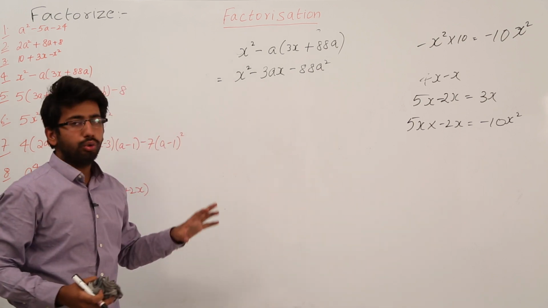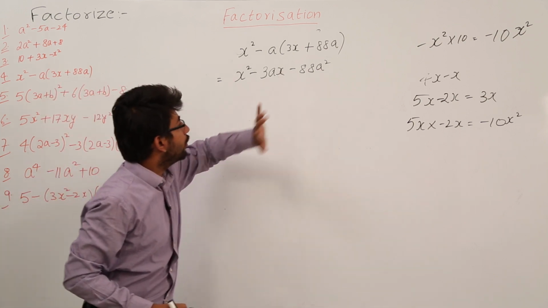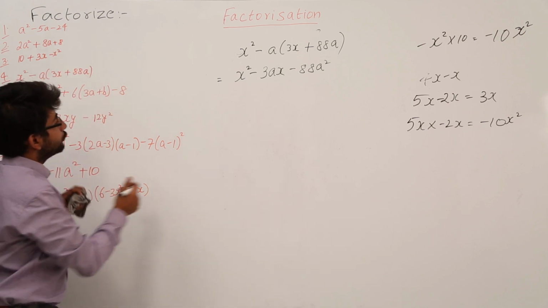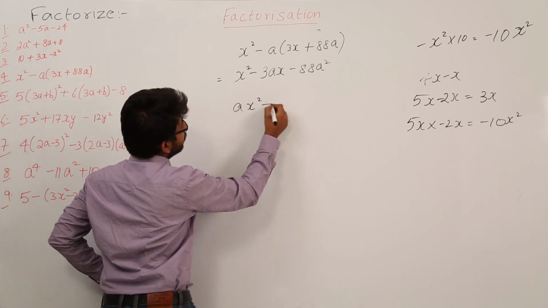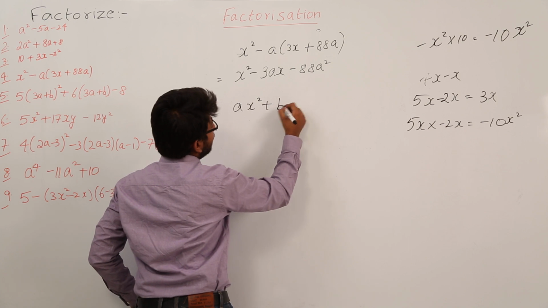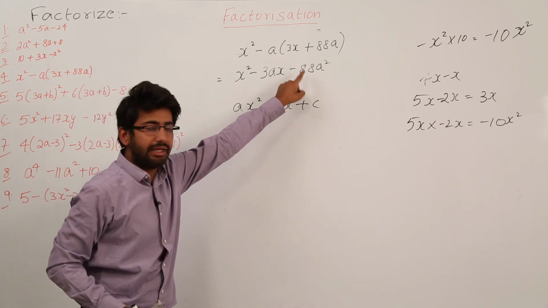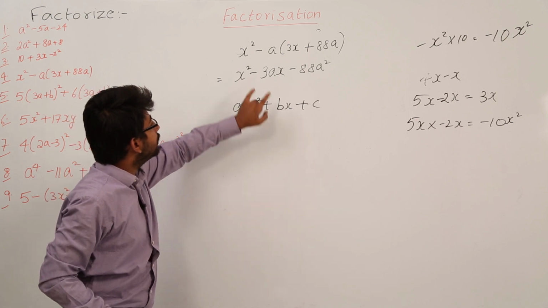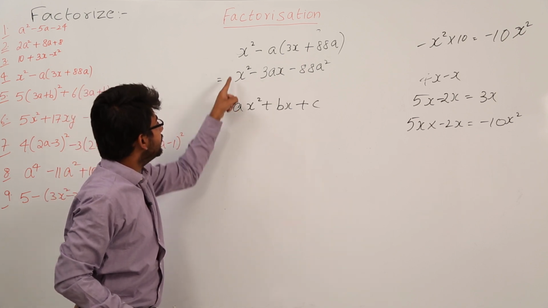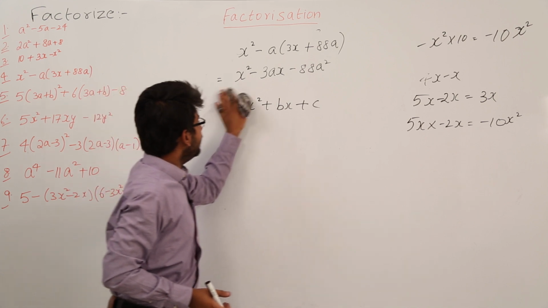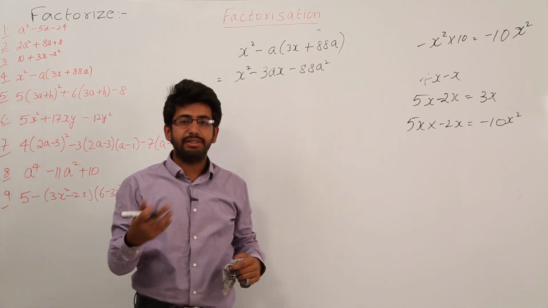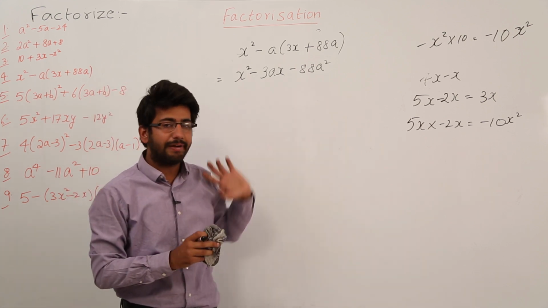Now again you know that this is of the form ax square plus bx plus c. Here c is equal to minus 88a square, b is equal to minus 3a, and a is equal to 1, right? So we have to use the very same method of splitting to get our factors.